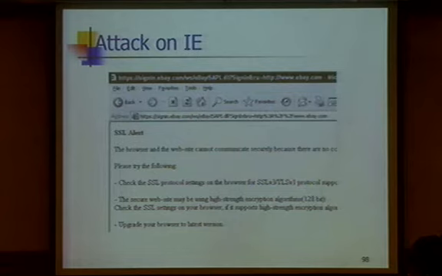In order to prevent this kind of attack, the web server can send this kind of alert message to the web browsers if it receives a ciphersuite which consists of only the weakest encryption algorithms.